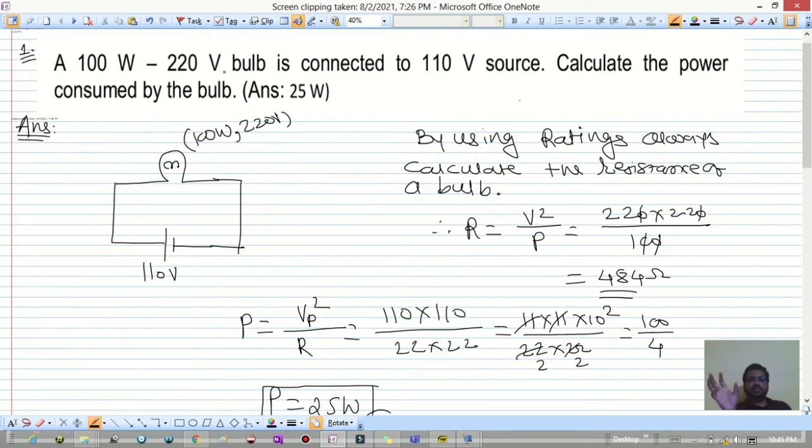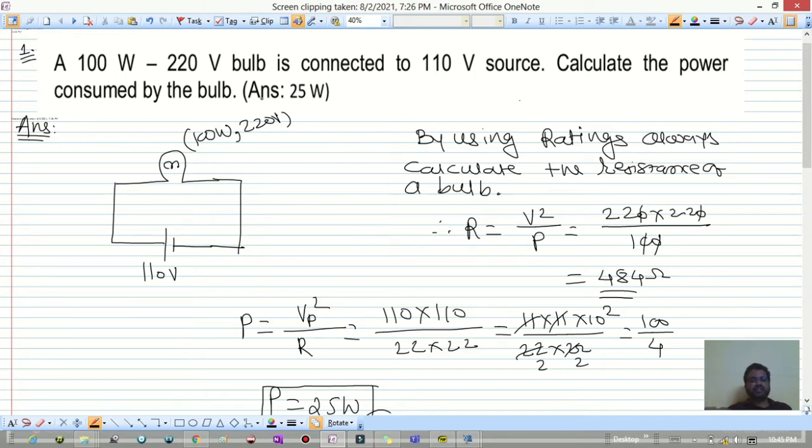If I give 220 volt of voltage, then what will happen? It will provide the power of 100 watt. I reduce the voltage over here to 110 volt. The power by the bulb will be 25 watt. That indicates if you reduce the voltage, the power provided by the bulb will get reduced.